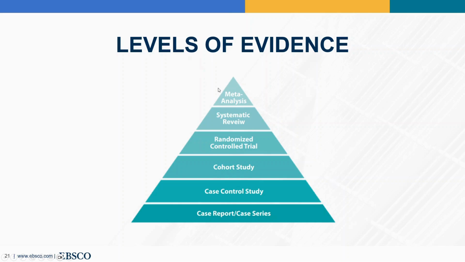A meta-analysis is a systematic review that uses quantitative methods to synthesize and summarize results. A systematic review is a summary of the medical literature that uses explicit methods to perform a comprehensive literature search and critical appraisal of individual studies.